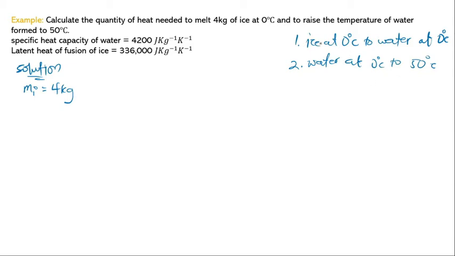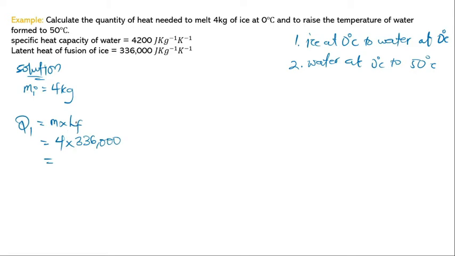So let's look at the heat energy involved in the first process. This is latent heat of fusion, that is, we are changing from solid to liquid. So it is the product of the mass and the latent heat of fusion of ice. The mass of the ice is 4 kilograms multiplied by the latent heat of fusion of ice, 336,000 joules per kilogram per Kelvin.